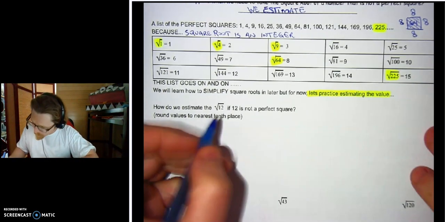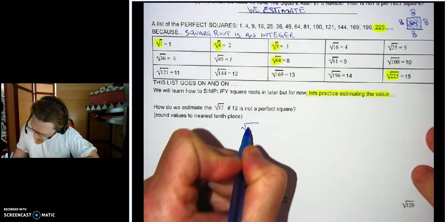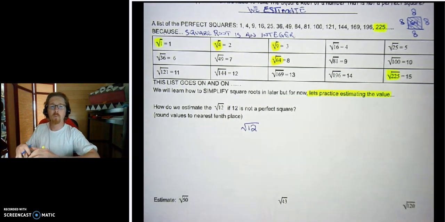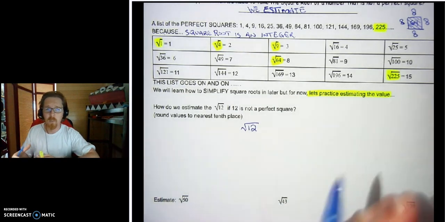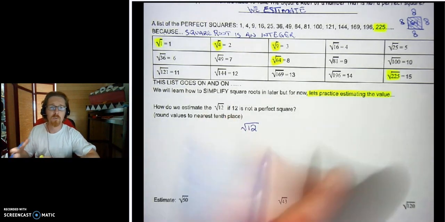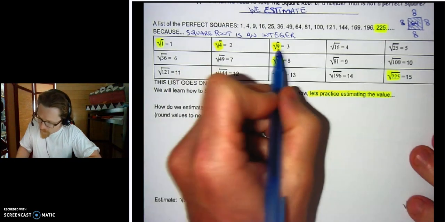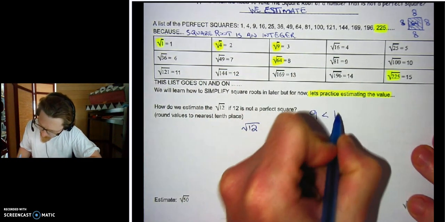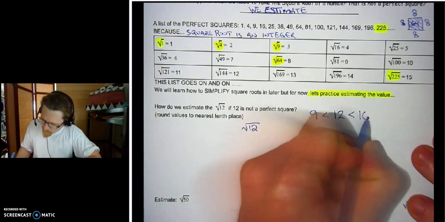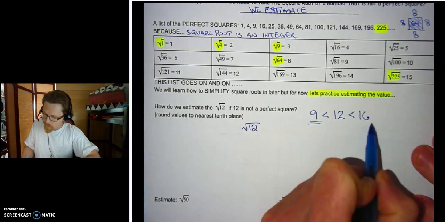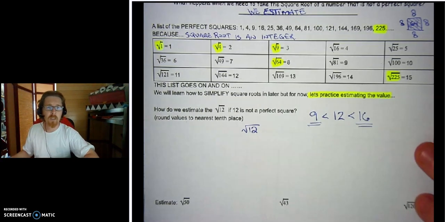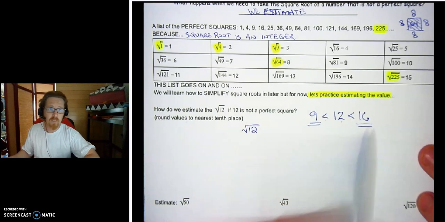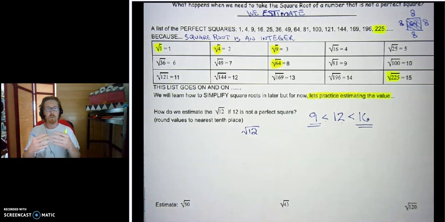So here's what we want to do. Let's think about the square root of 12. We want to think of what perfect square numbers are close to 12. I see that 12 falls between 9 and 16. 9 is a perfect square and 16 is a perfect square, and 12 is bigger than 9 but less than 16, so it's going to fall right in between.